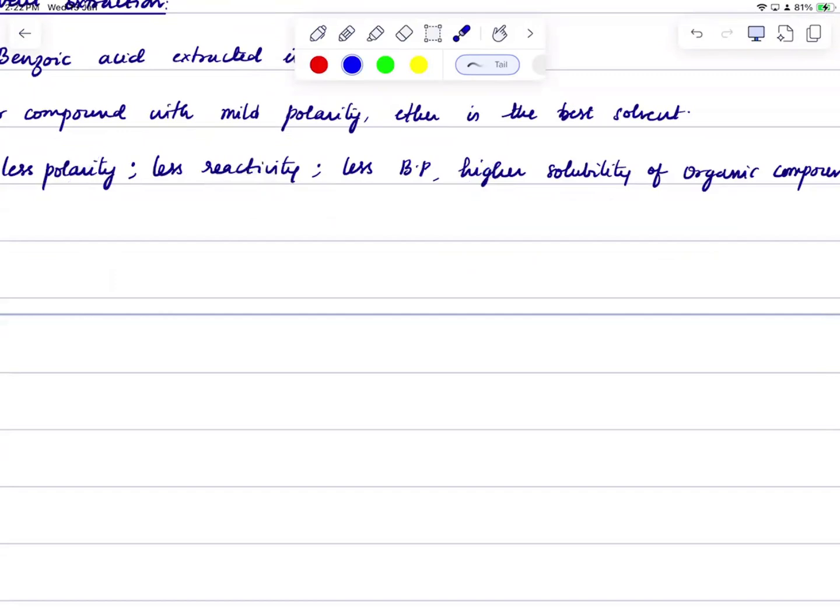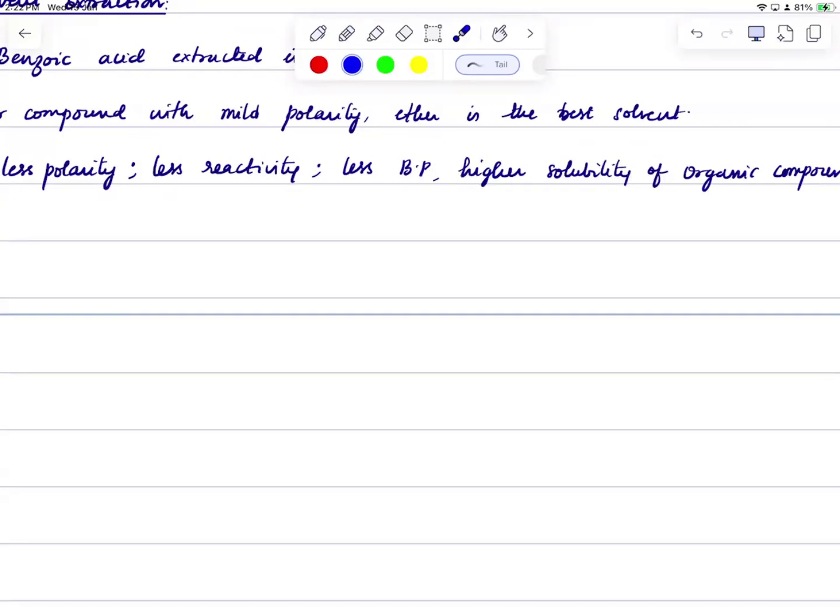If the question is framed like this, that in differential extraction, which is the important property, then please remember this last one is the important property. Higher solubility is the most important property. Got it? I suppose this logic is clear.